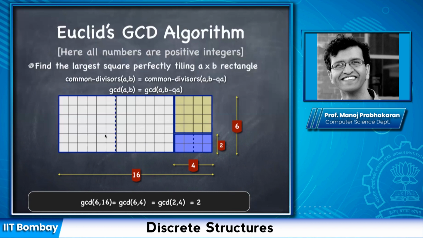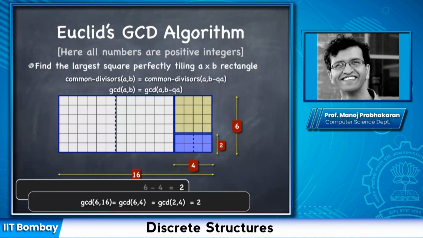So from the picture, it should be clear that it can tile the whole grid, but of course the argument is that GCD of A and B is the same as GCD of A and the remainder of B divided by A. So you can recover this 2, you can trace how this 2 came about.